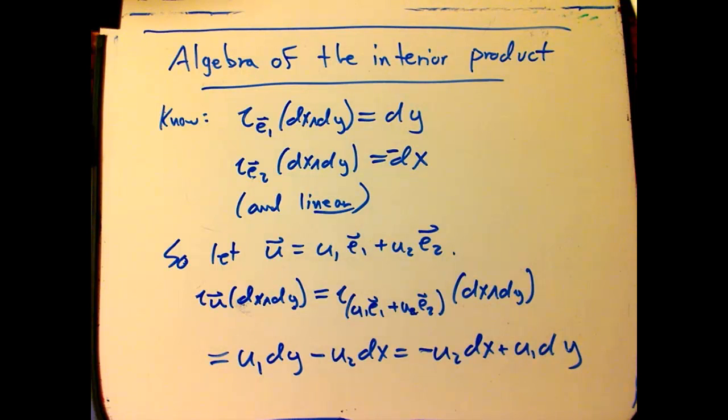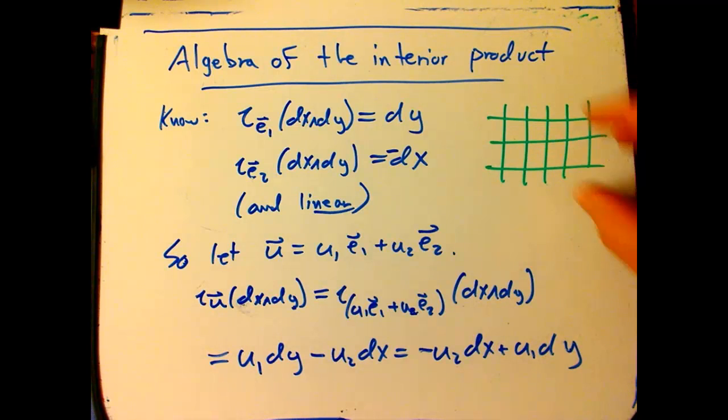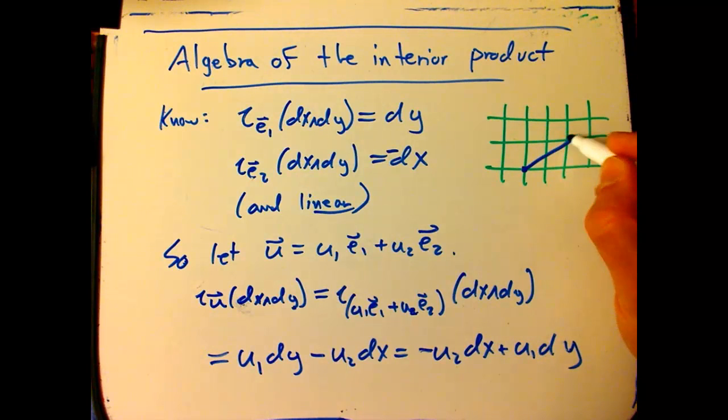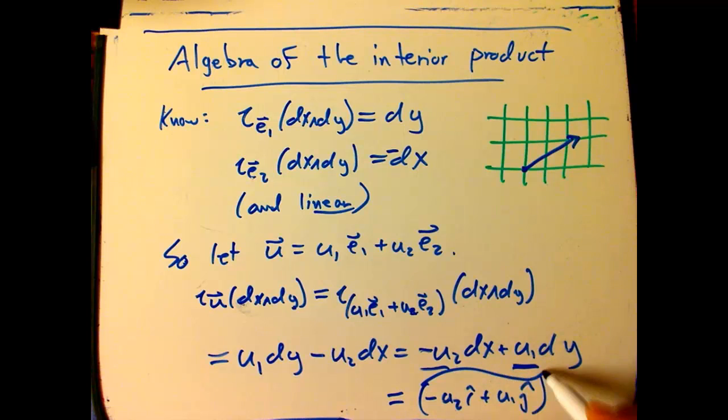Okay. So I want to make a geometric note about this, even though mostly I'm doing algebra here. Suppose we're taking dx wedge dy, which looks like this, or of course any rotated version of it. We're taking u, which looks like this, and this is not just some random expression. This is what I would get if I took the vector minus u2 i plus u1 j, and took the one form corresponding to it, the tilde of that.